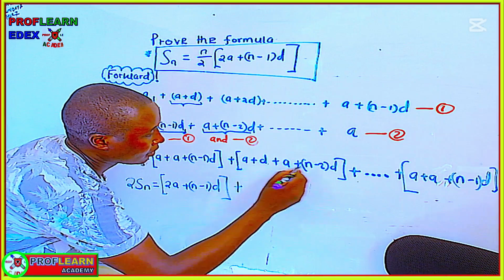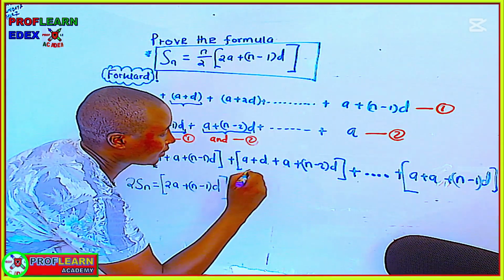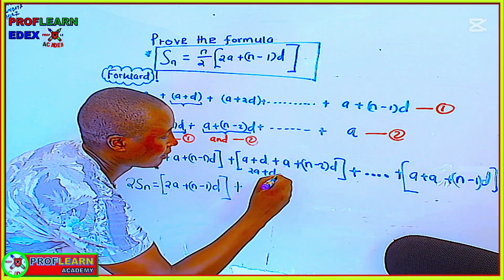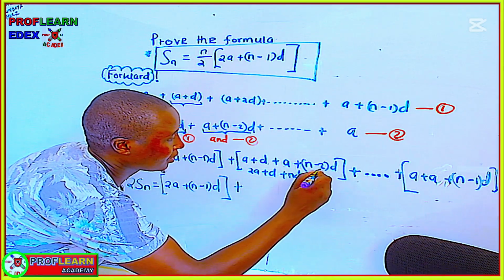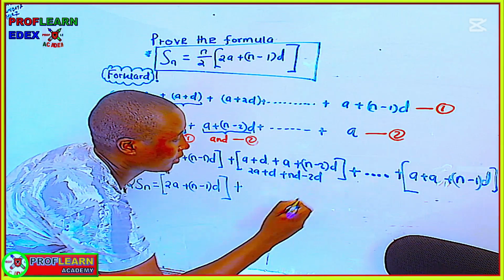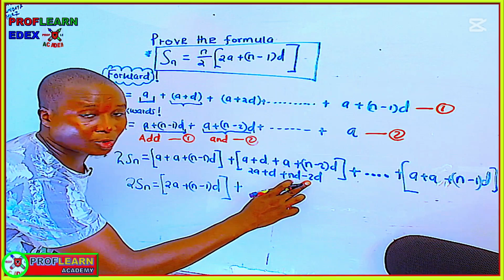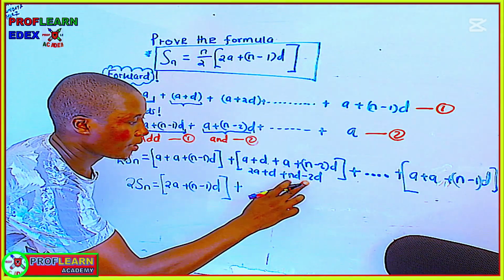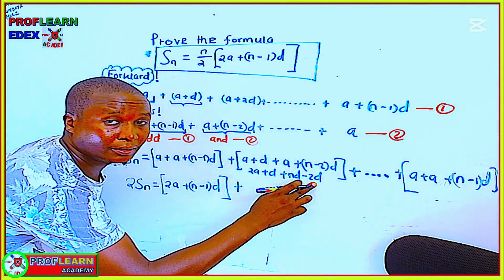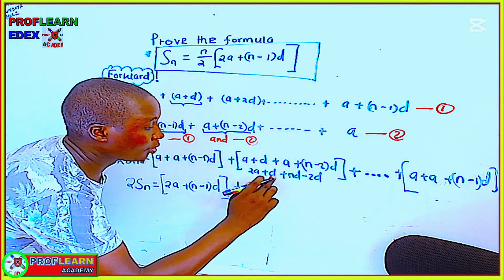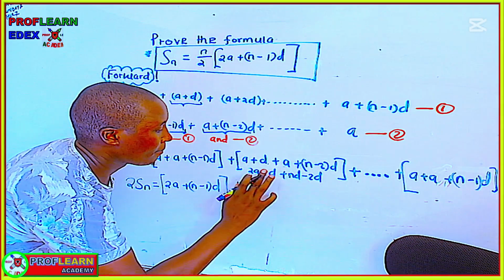If you open this bracket here, a plus a will give us 2a, plus d, plus, opening this bracket, we shall have nd, and opening this one we shall have minus 2d. So plus d minus 2d will translate to what? It will translate to minus d. d minus 2d would be minus d.